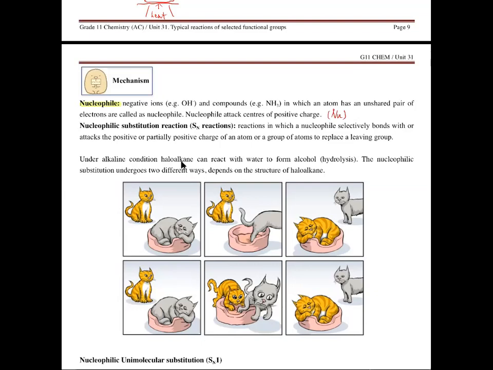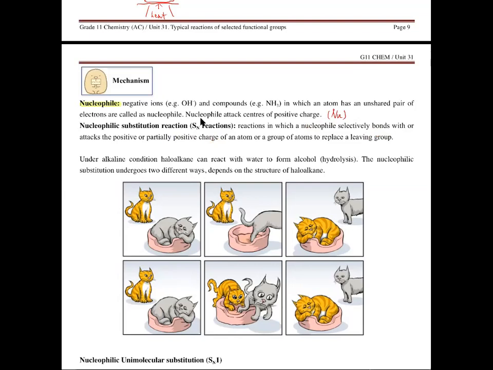For this kind of reaction, a nucleophile selectively bonds or attacks a positive or partially positive charge of an atom or a group of atoms to replace a leaving group. That's why it's called substitution. So basically, the nucleophile substitutes the leaving group in a reaction.